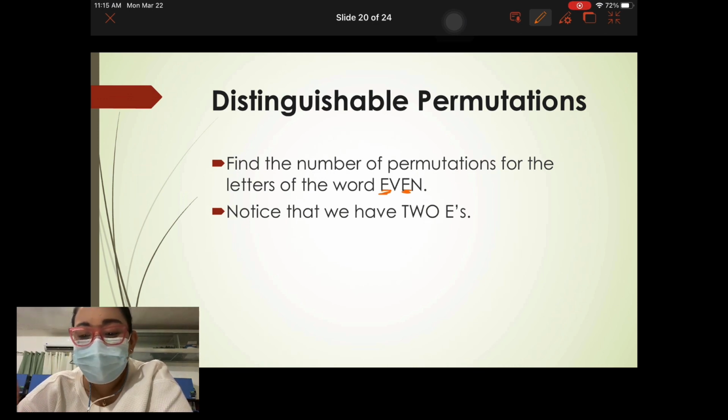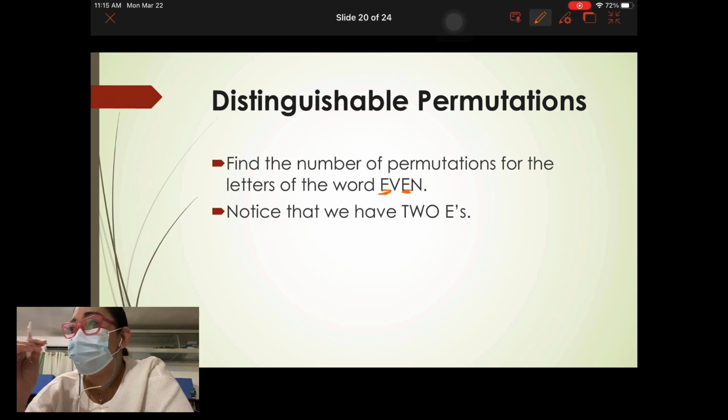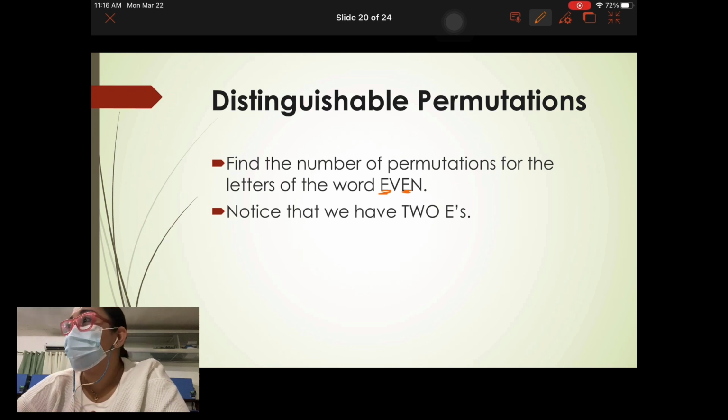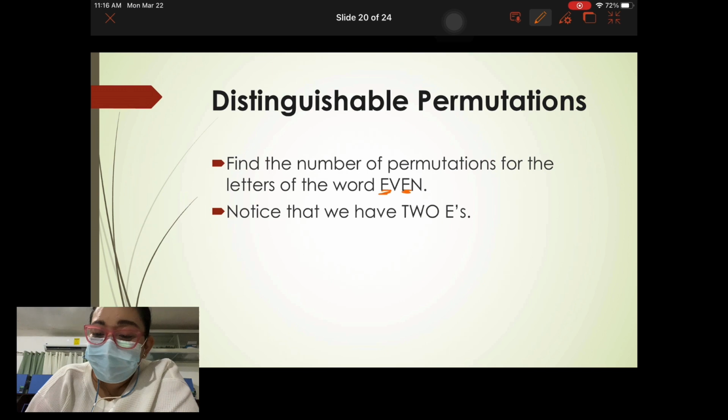in this case na hindi sila distinct, ibig sabihin, we have to take into account na dalawa talaga yung E. Okay? So, kung dalawa talaga yung E, mababago po yung ating formula. So, para makuha natin yung rearrangement niya, we have yung possible combinations muna natin.